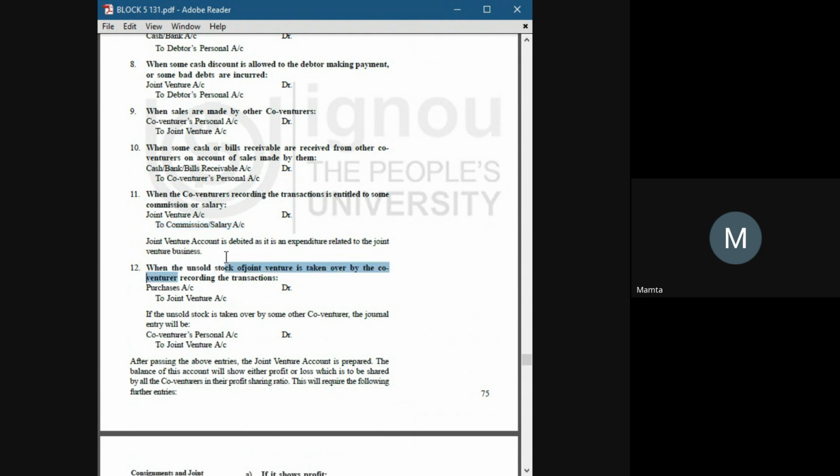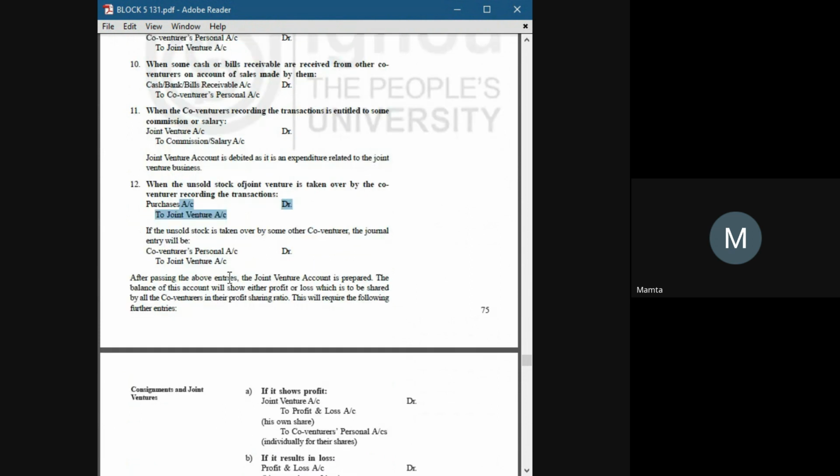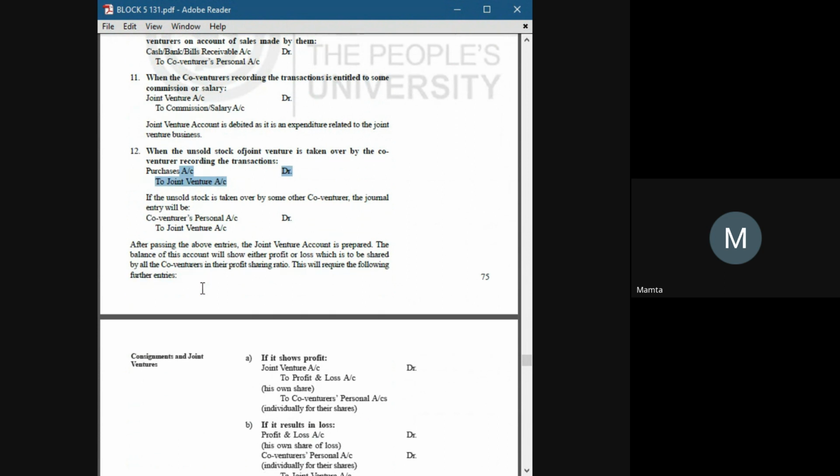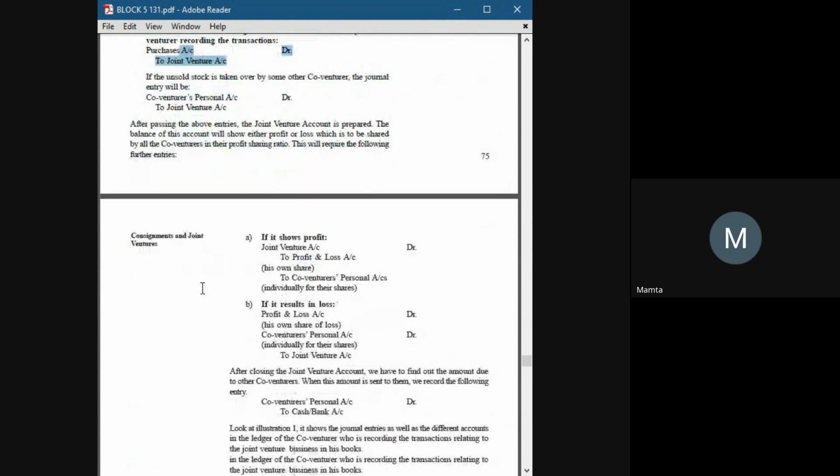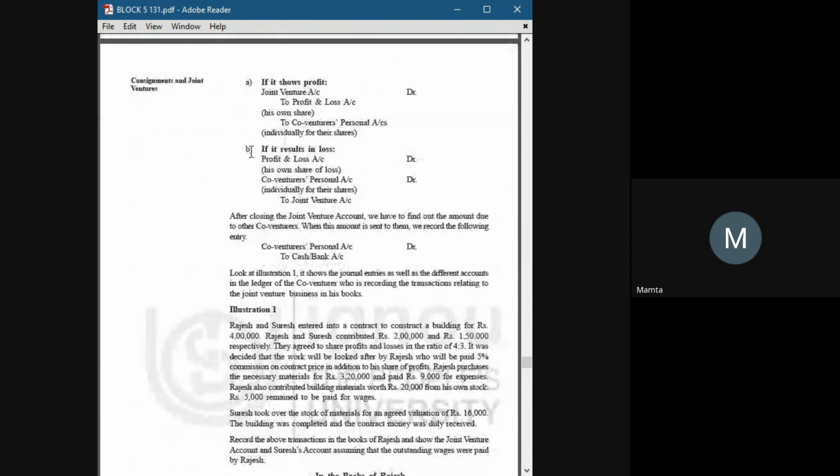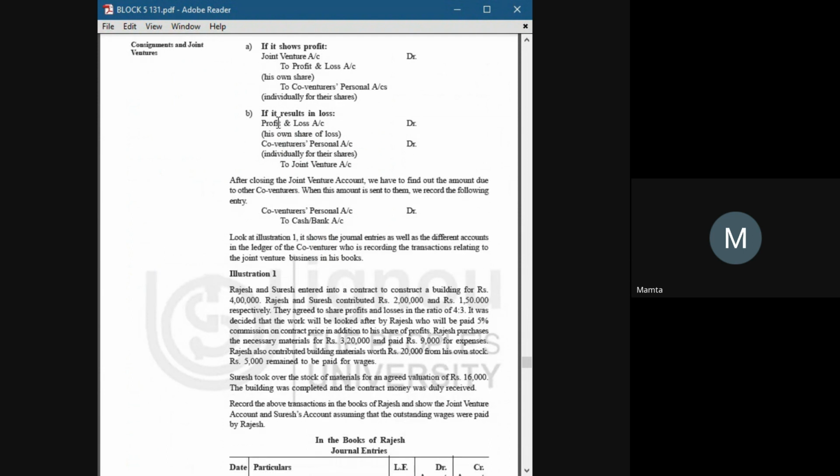When the unsold stock of the joint venture is taken over by the co-venturer recording the transaction, purchases account debit to joint venture account; in case of other co-venturers, co-venturer's personal account debit to joint venture account. If the books of account show a profit, the entry would be joint venture account debit to P&L account. And if there was any loss, the entry would be P&L account debit to co-venturers' personal accounts, credit to joint venture account.